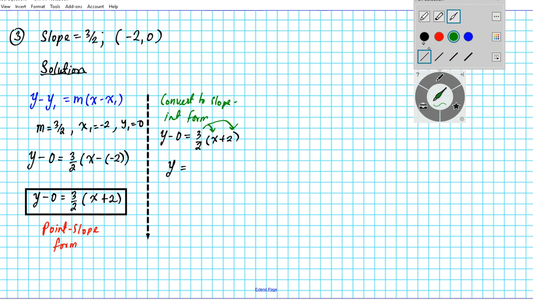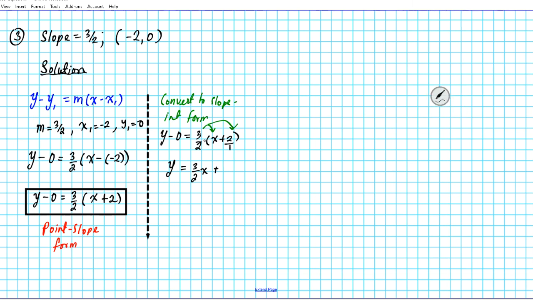Alright, so 3/2 times x is 3/2x. Imagine that there's a 1/1 in front of the x, plus you can write 2 as a fraction, 2/1. 3/2 times 2/1. You multiply numerator by numerator and denominator by denominator, so we have 6/2. And this can be simplified further.